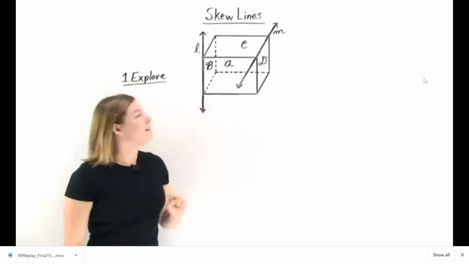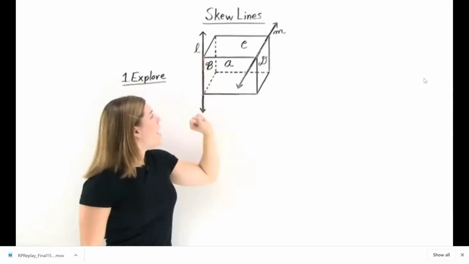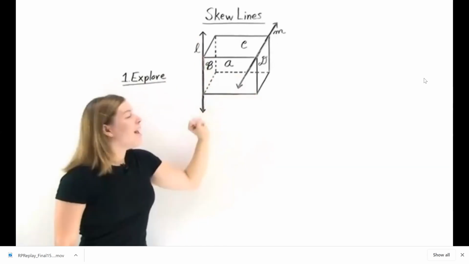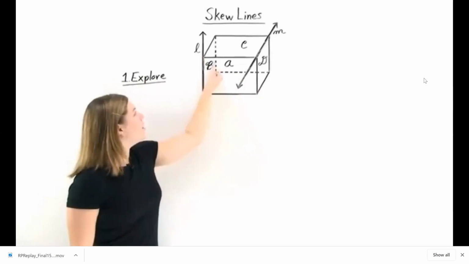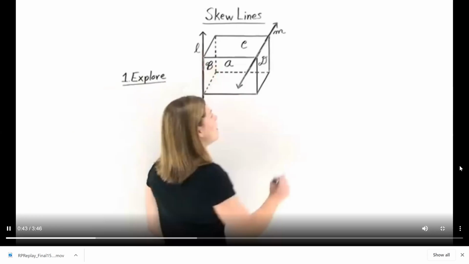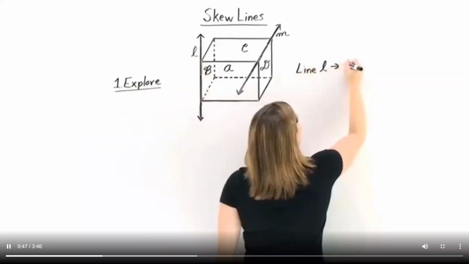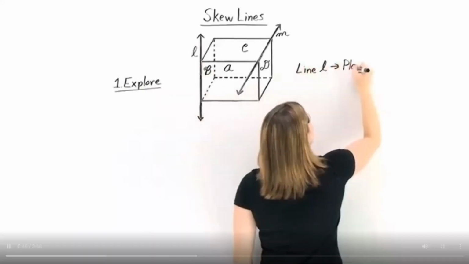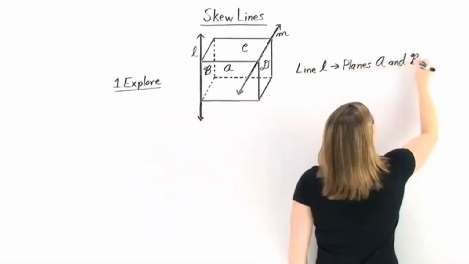If we look, we can see that line L is in plane A, this plane in the front. And line L also runs in this plane on the side. That's identified as plane B. So, we have line L, and line L runs in two planes. Planes A and B. Great.